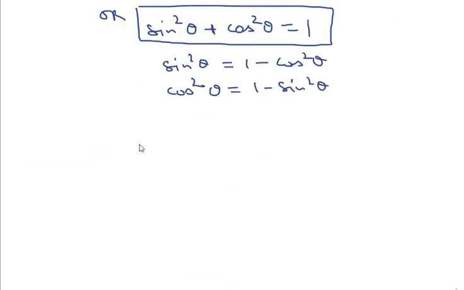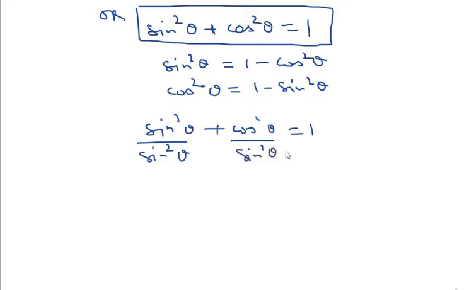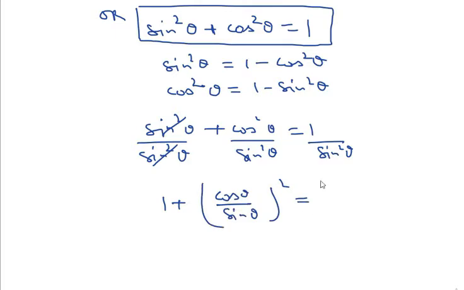We have sin square theta plus cos square theta is equal to 1. I am dividing both the sides by sin square theta. So what I am getting over here, it will be cancelled out. 1 plus cos theta upon sin theta whole square is equal to 1 upon sin square theta, which will be 1 upon sin theta whole square.